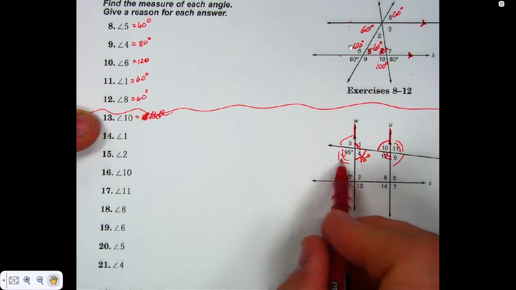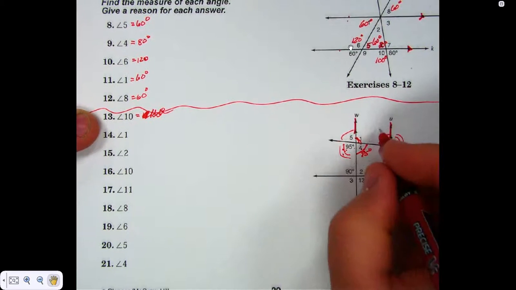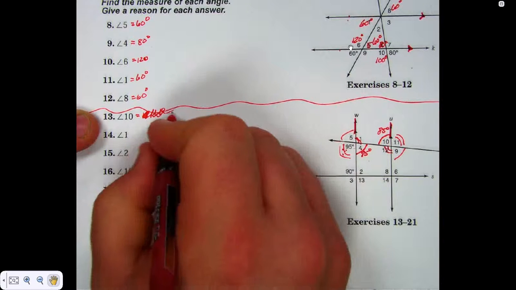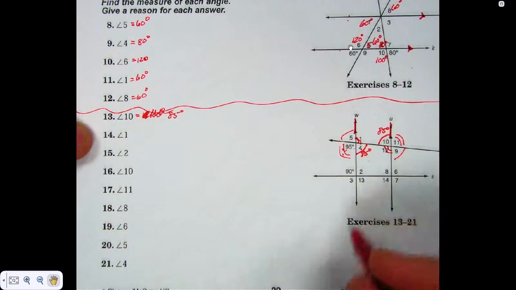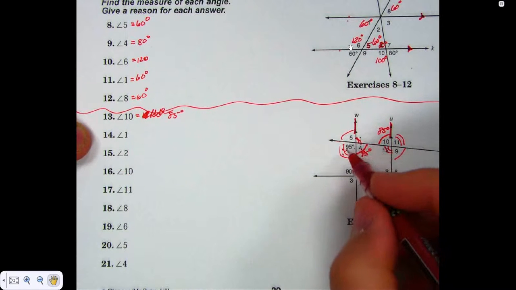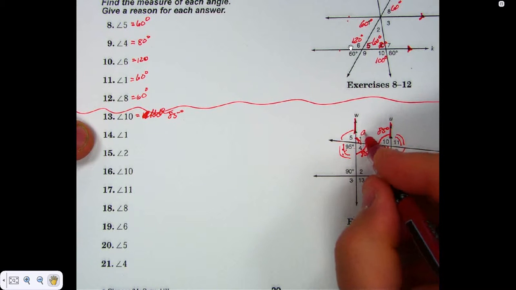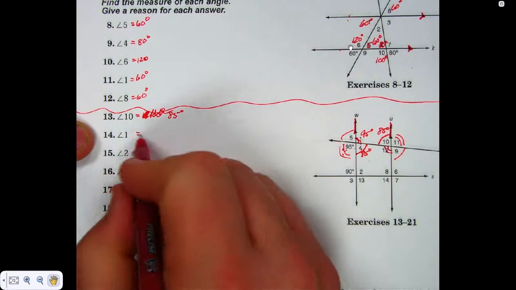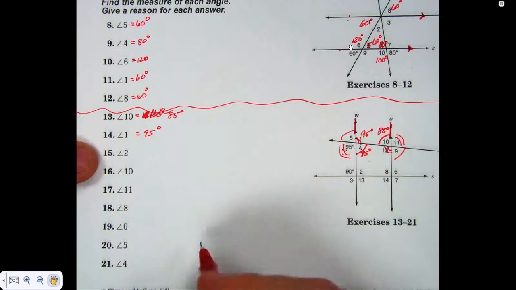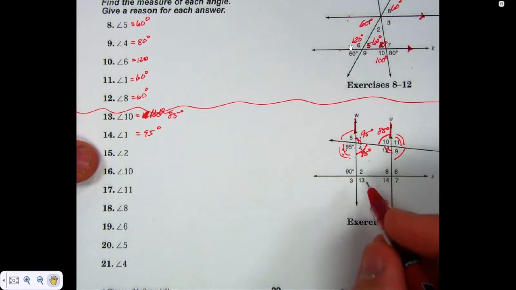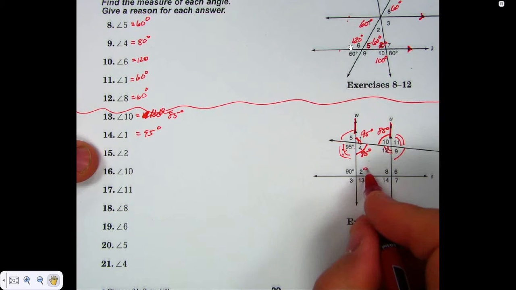So because this one's 95, that one's 85, which then tells me that this one's 85 degrees. Angle 1. What's angle 1? 95. Angle 2. 90.